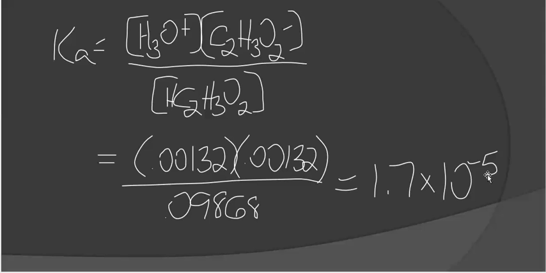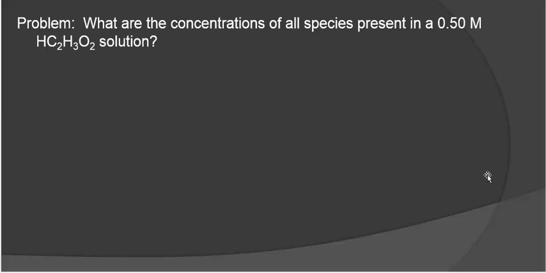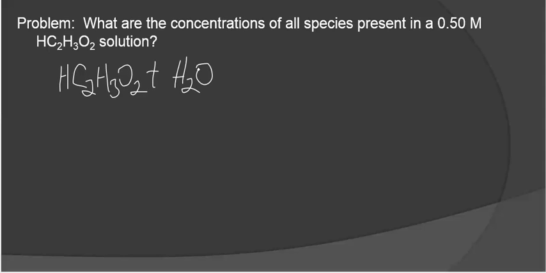So we found Ka. Now let's look at a problem where we're solving for the concentrations of all species present in a solution of acetic acid. So we need the same equation. Acetic acid reacts with water. We always need an equation for a weak acid or a weak base.